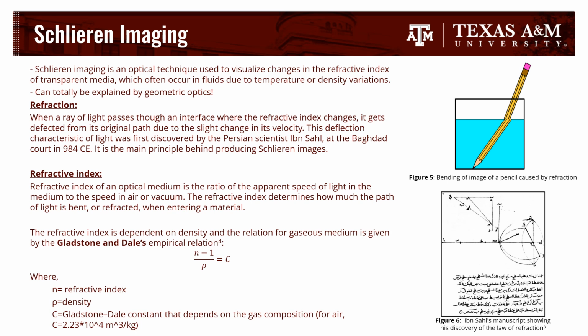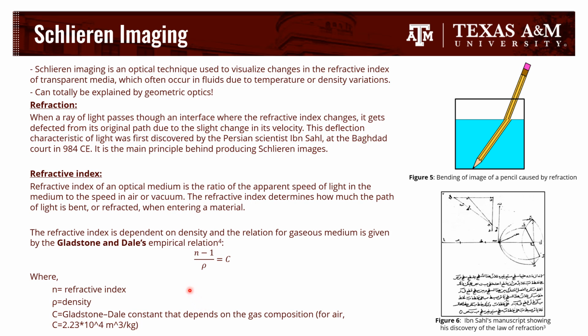Refractive index. Refractive index of an optical medium is the ratio of the speed of light in vacuum to the apparent speed of light in the medium. The refractive index determines how much the path of light is bent or refracted when entering a material. So refractive index is a way to quantify the amount of refraction that occurs when light passes from one medium to another.